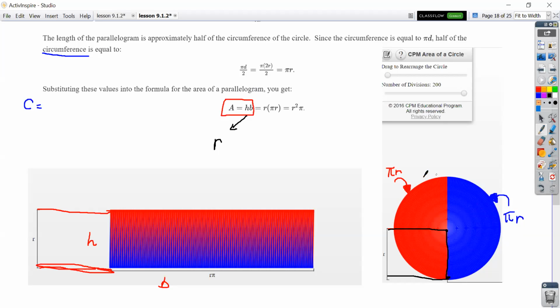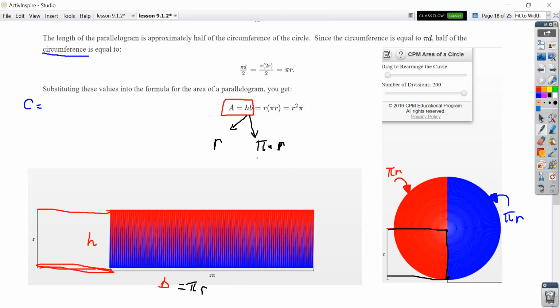Half of the circle, the rest of the distance right here is also pi times radius. So when you put it together, the base is pi times radius.